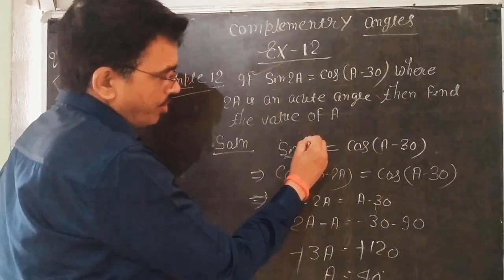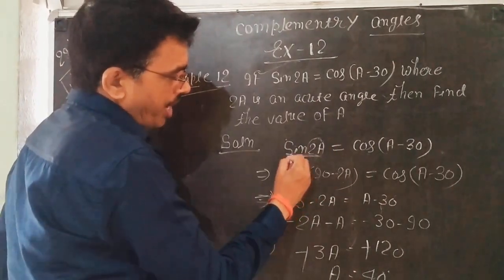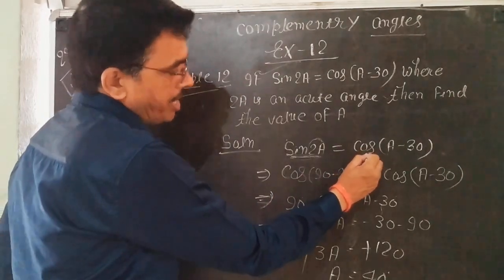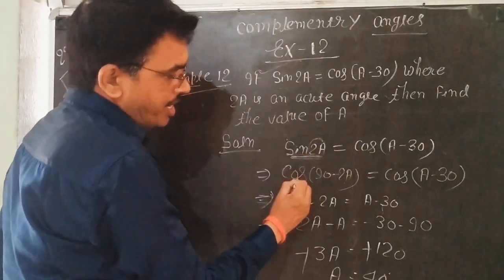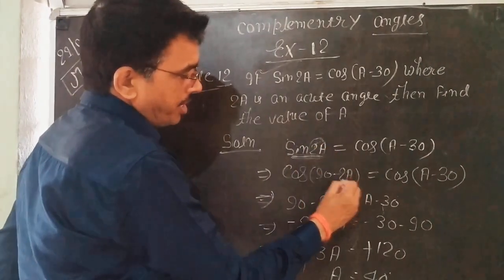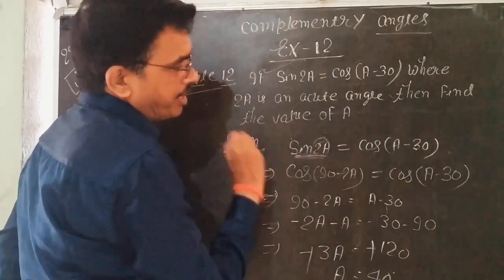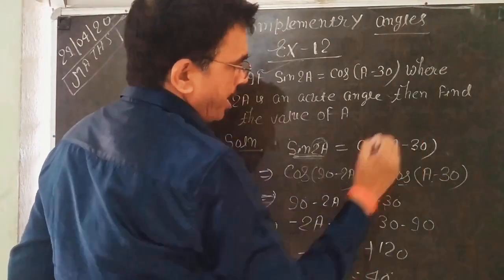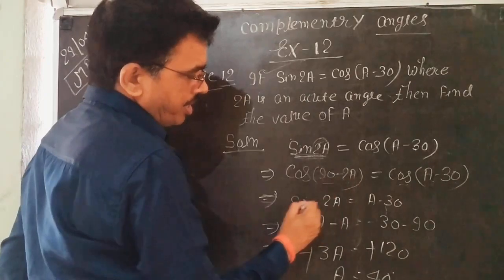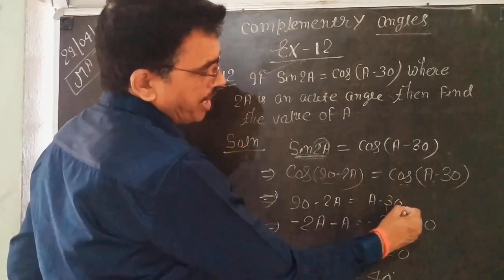So 2a is the theta, so we write this sin theta in the form of cos, because cos is given here. So this sin theta is written as cos 90 minus 2a, and 2a is the theta, therefore cos 90 minus theta is sin theta, and cos a minus 30 right here. Both have cos present, so it is cancelled.